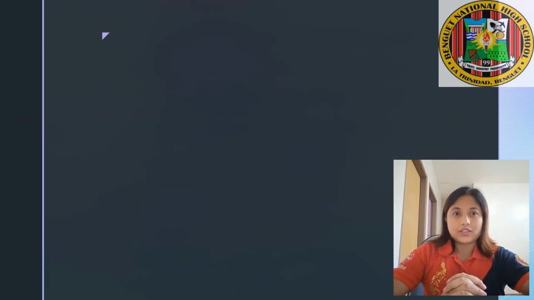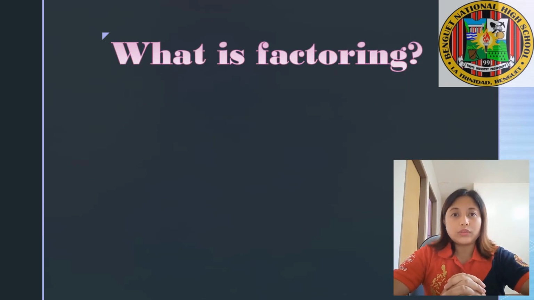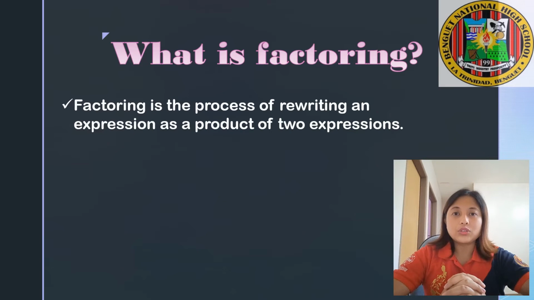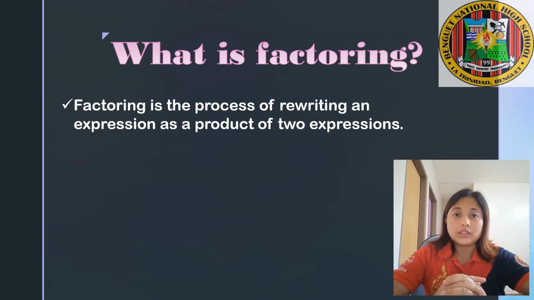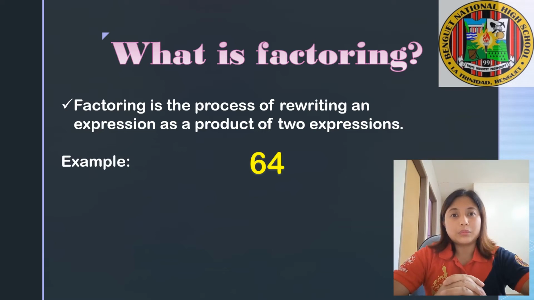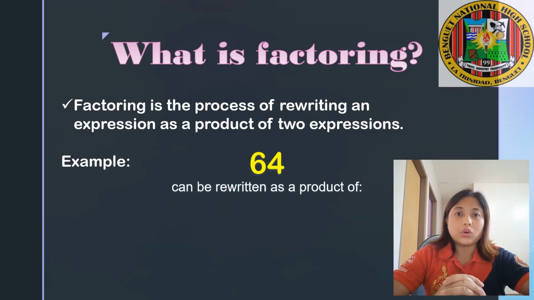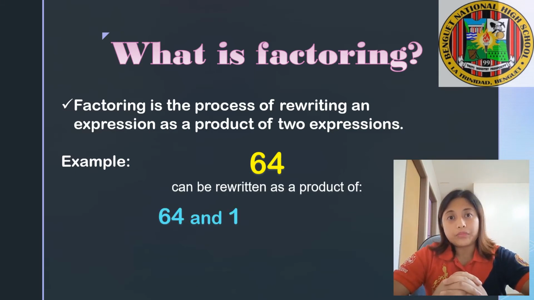Let's start our lesson with first defining what factoring is. When we factor polynomials, we are actually looking for two expressions that, when you multiply them together, form the given polynomial. Let's take, for example, the number 64. It can be rewritten as a product of two numbers, like 64 and 1, because 1 times 64 is equal to 64.